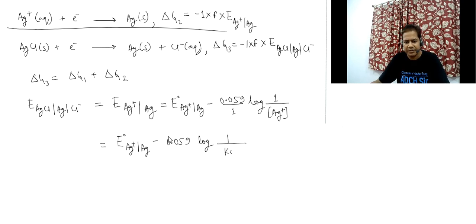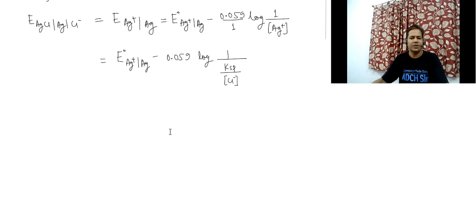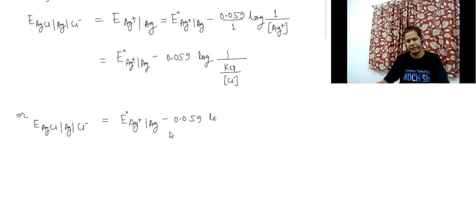We get E of AgCl to Ag and Cl- is equal to E naught of Ag+ to Ag minus 0.059 log of Ksp upon Cl-, which we can further simplify to E of AgCl to Ag and Cl- equal to E naught of Ag+ to Ag minus 0.059 log of Cl- upon Ksp. So we can use this expression as a result.